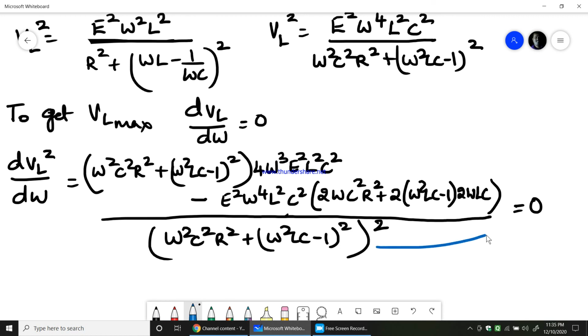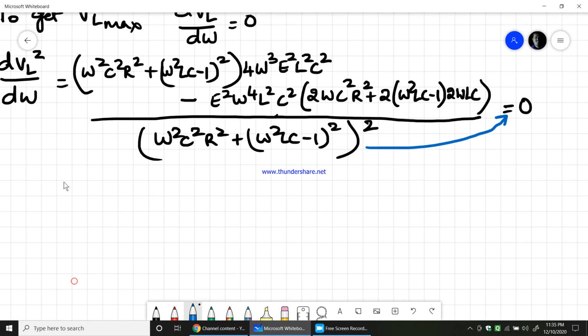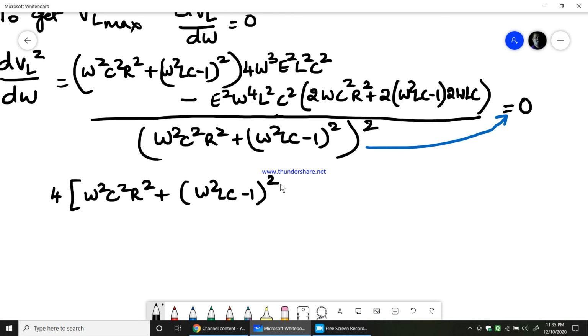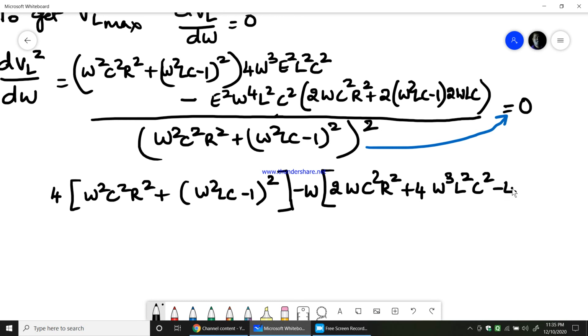Now once this is equal to 0, this will be multiplied with 0 and you get 0. Finally, you solve this entire expression and we will get 4 into (omega square C square R square plus omega square LC minus 1) the whole square, minus omega into (2 omega C square R square plus 4 omega cube L square C square minus 4 omega LC) equals 0.